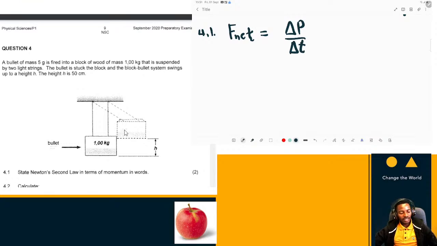So what does this state? F net is equal to change in momentum over change in time. Anything that is divided by time is the rate of change.